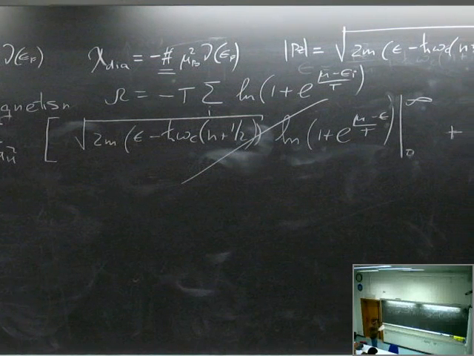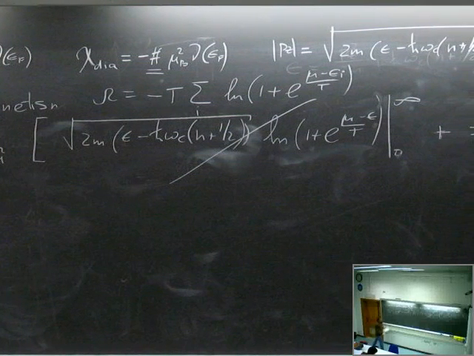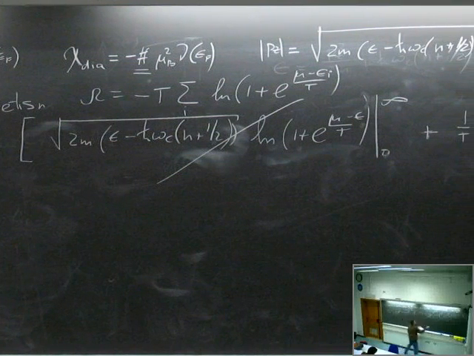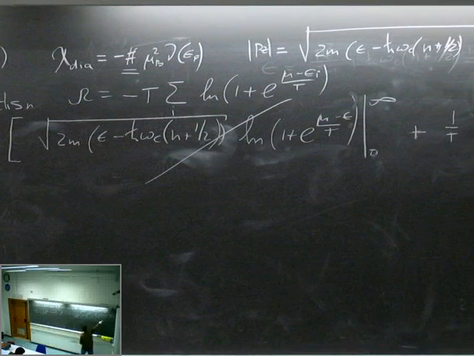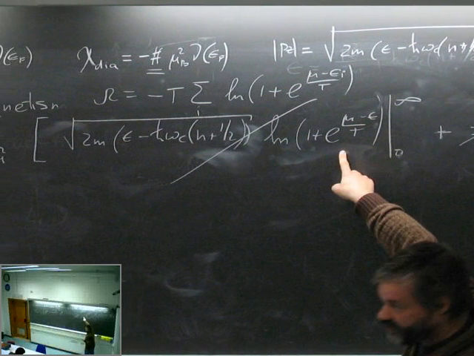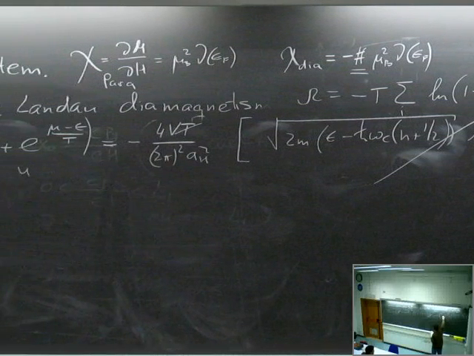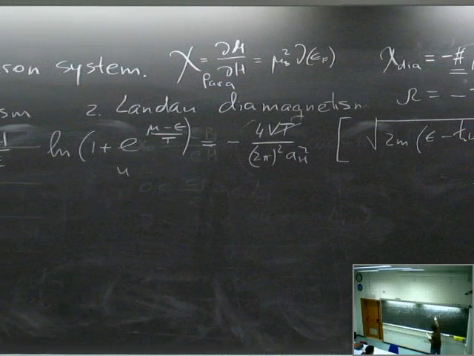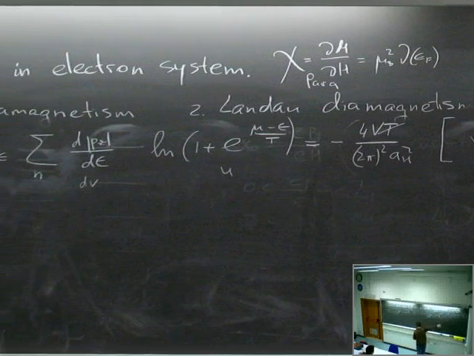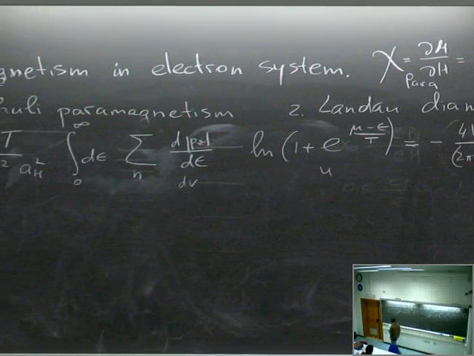Now I may cancel the temperature, which stands here and there. And this appears due to the derivation of this logarithm. So I integrate it by parts. Minus is replaced by plus just because the derivative of this is minus the Fermi distribution function times 1 over temperature.